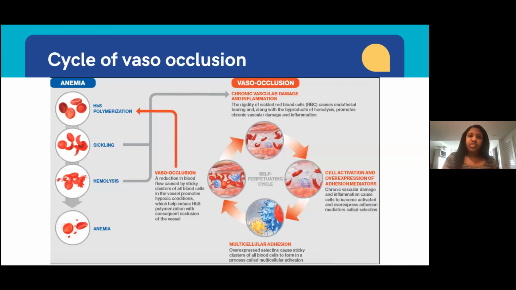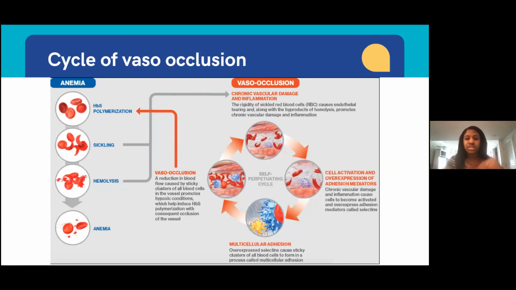So getting into the pathophysiology and the cycle of vasoocclusion, it's a vicious, self-perpetuating cycle, unfortunately. Starting at the top here, vasoocclusion reduces and blocks blood flow to organs and promotes ongoing vascular inflammation and endothelial dysfunction. This can lead to vasoocclusive crises and pain crises that can present as a number of organ complications.